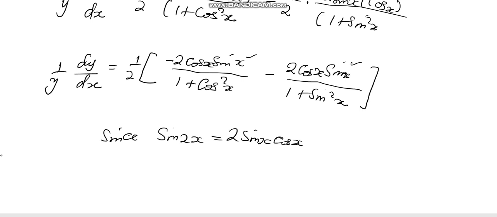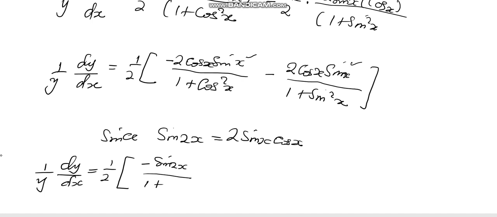We make a substitution, putting sine 2x where we have 2 sine x cos x. So 1 over y dy dx is equal to 1 over 2 open brackets negative sine 2x divided by (1 plus cos squared x), minus sine 2x divided by (1 plus sine squared x). We close there.